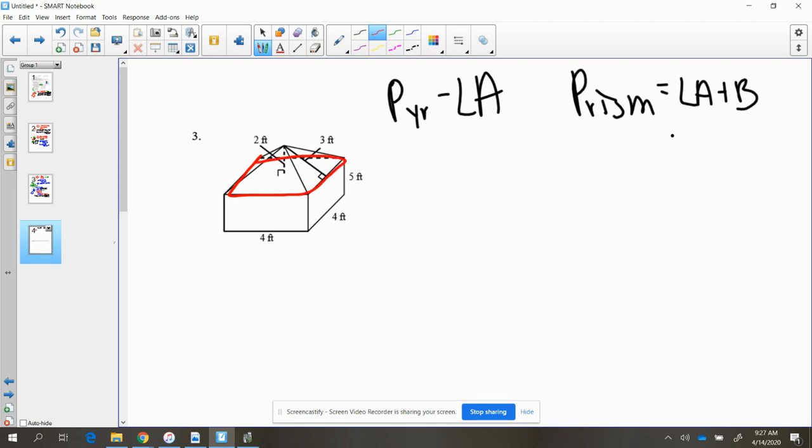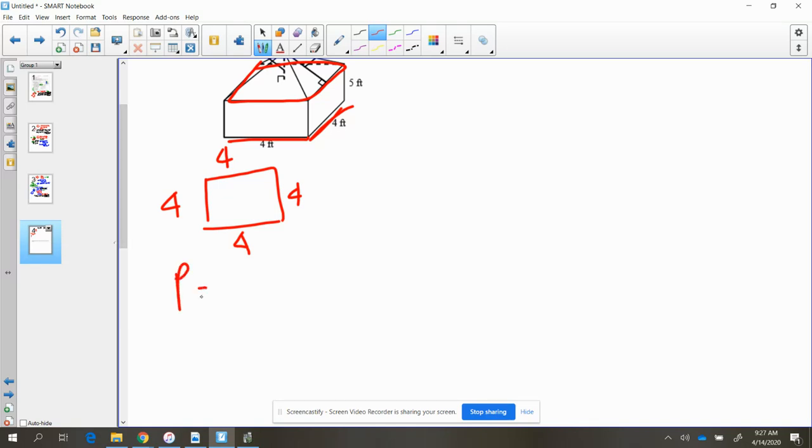Well, for both our prism and our pyramid, they have the same base, right? Notice all four sides around it are going to be 4. So for both the prism and the pyramid, the perimeter of the base is 16 after we add up 4 times 4. The area of the base is also 16 because 4 times 4 is 16. The slant height for our pyramid we have to be careful about.